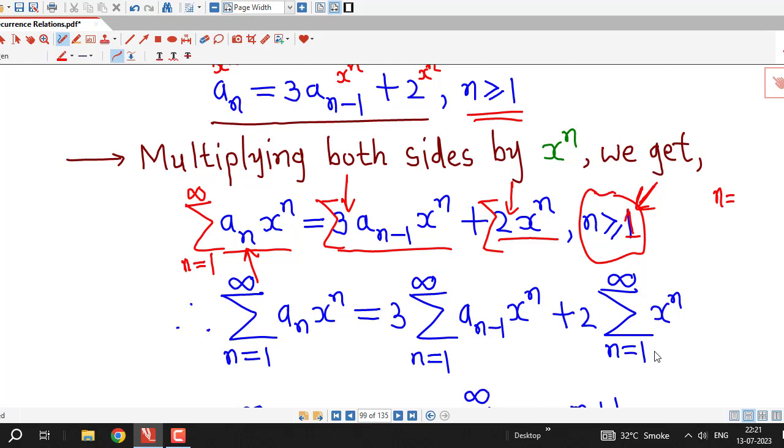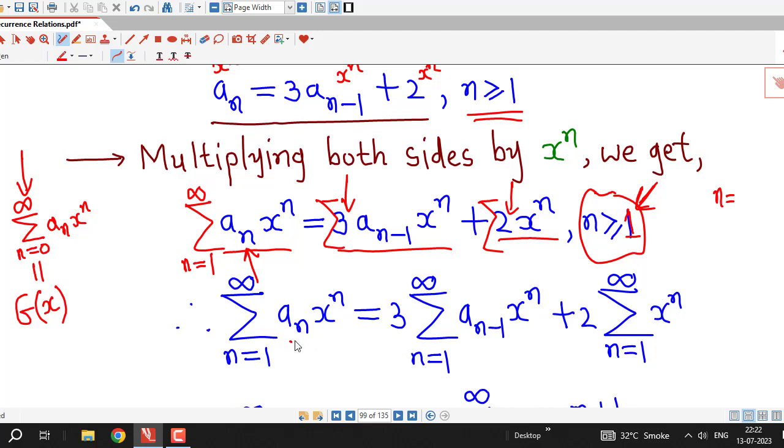Now in the next step, our goal is to convert all these summations in terms of the generating function, and remember the formula for the generating function is sigma a_n x^n, n equal to 0 to infinity. So we have to take care that all the summations can be converted into this type of summation, that is sigma a_n x^n, n equal to 0 to infinity.